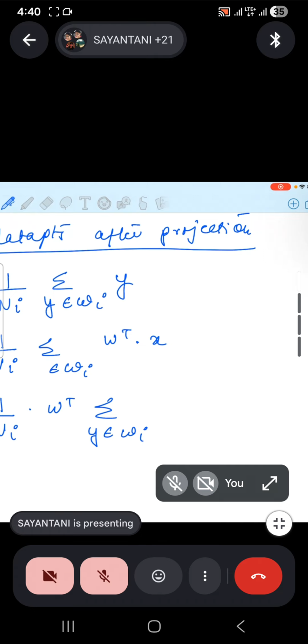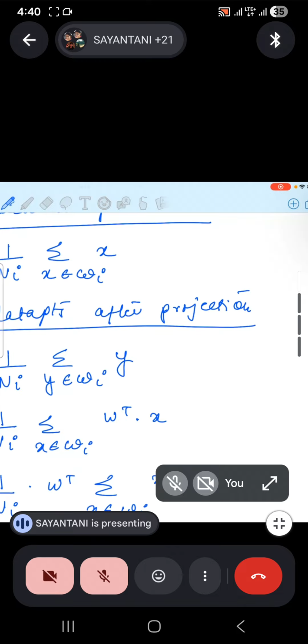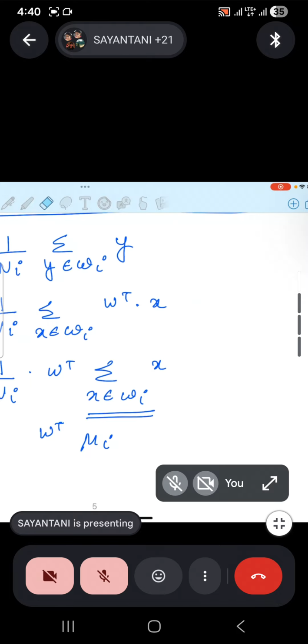This part is nothing but your mu of i. So we get W transpose into mu of i. This is mu i tilde, that is the mean value after projection.